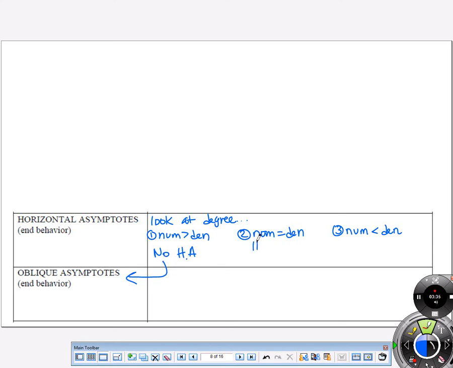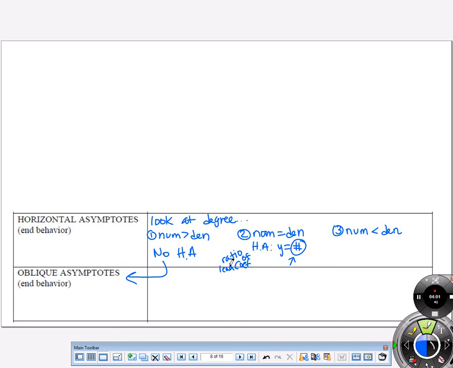So this does have a horizontal asymptote. It's y equals some number, and this number is going to be different depending on how the function was built. And just like Jarrett said, this number is based on the ratio of the lead coefficients. Okay?